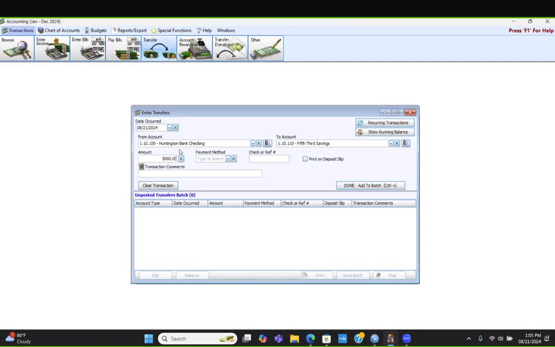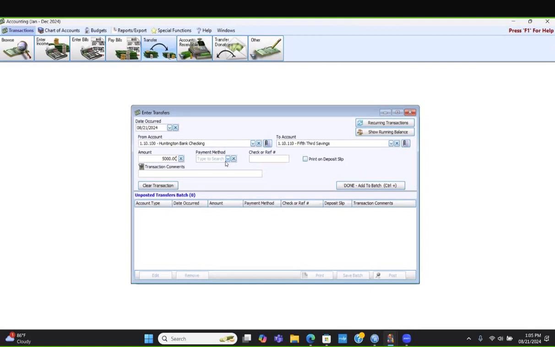And this, folks, is probably the most powerful portion of this transaction type. Because I'm posting transfers between assets, the software requires that I choose the payment method for how that is actually physically occurring.